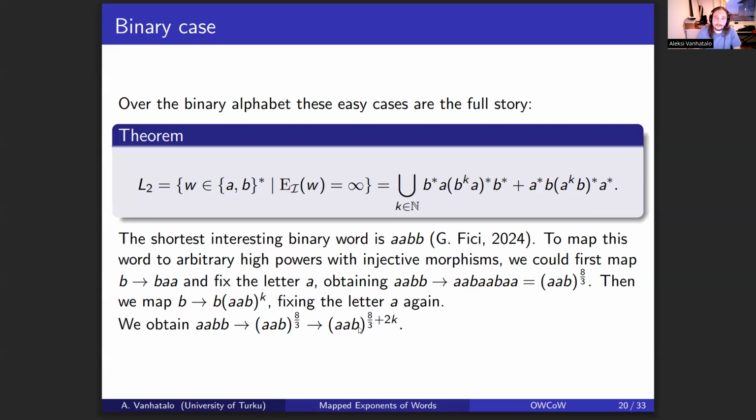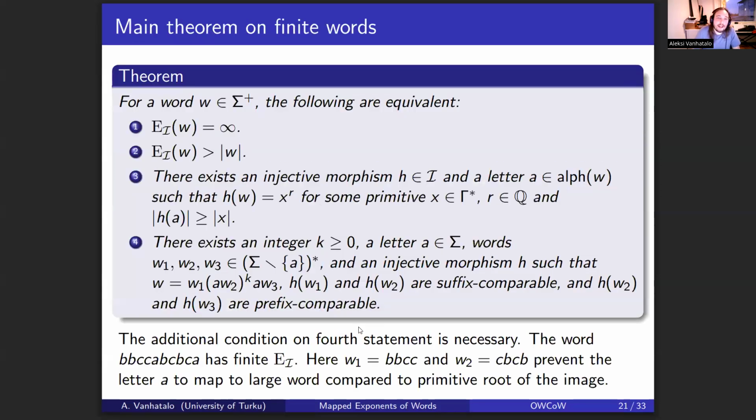And yeah, in general, we have something similar. So the commutativity of this W1, W2, W3 is more than we need. In binary, we always have it, but it's more than we need in the general case.